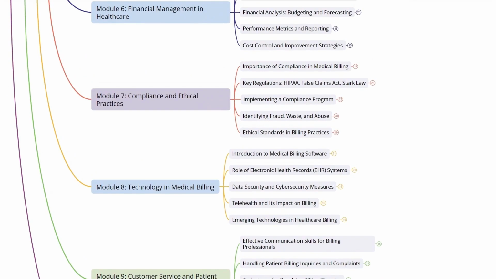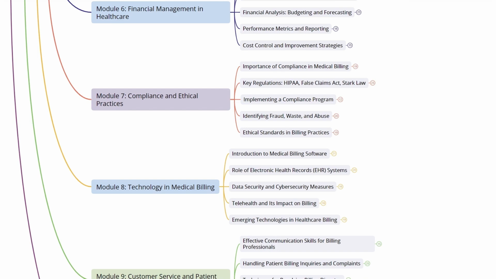Together, these modules underscore that compliance, ethical integrity, and technological advancements are central to modern medical billing and revenue management. Compliance safeguards the organization from legal risks, while ethical practices build trust with patients and payers.